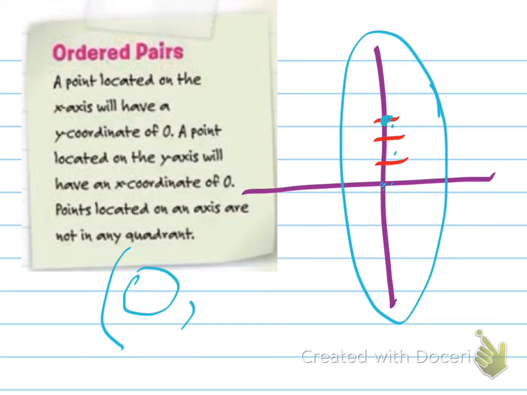And we went up to +3. And so in this case it would be 0, 3. Now these aren't in quadrants, they're just on the axis. So if I asked you where this was on the graph, you would say it's on the y-axis. If I had a dot right here and I asked you where that is on the graph, you would say it's on the x-axis. Okay?